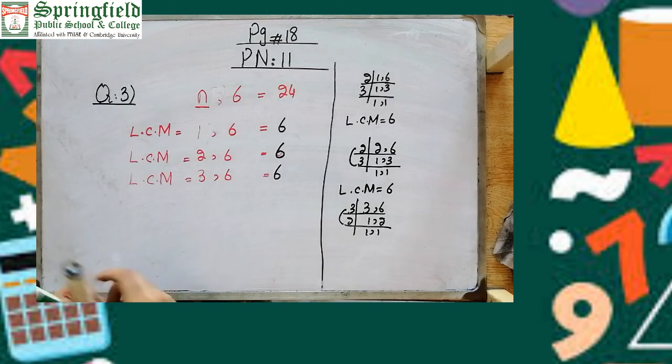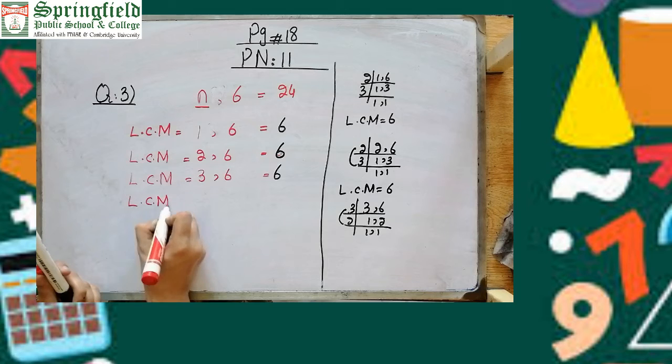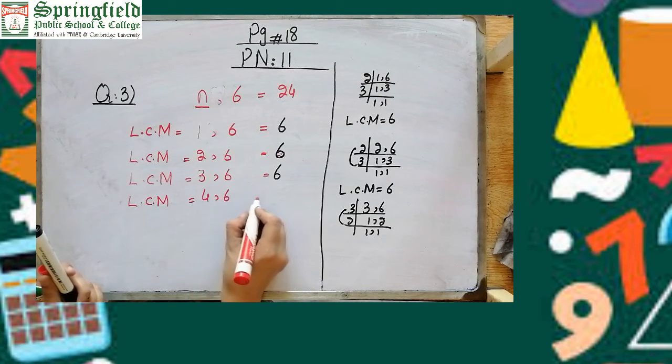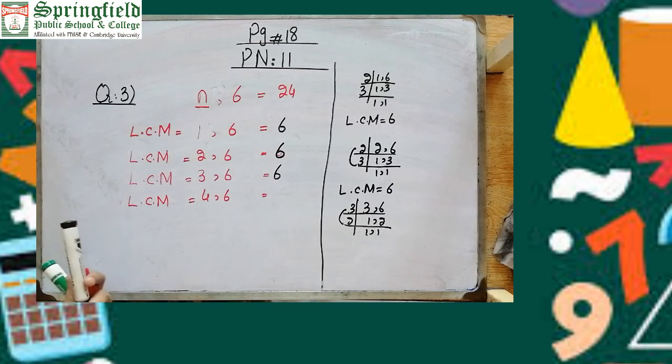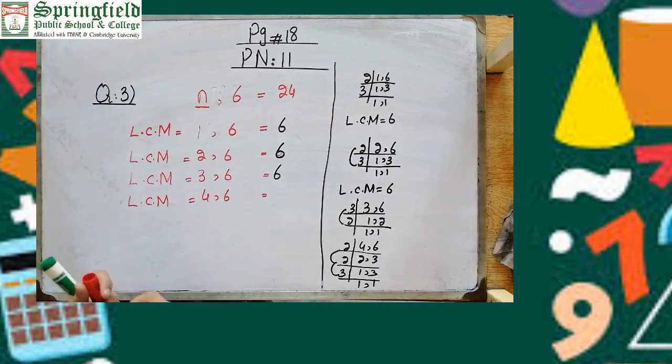Now the LCM of 4 and 6. 2 2s are 4, 2 3s are 6. 2 1s are 2 and 3, 3 1s are 3, 3 2s are 6, 6 2s are 12.